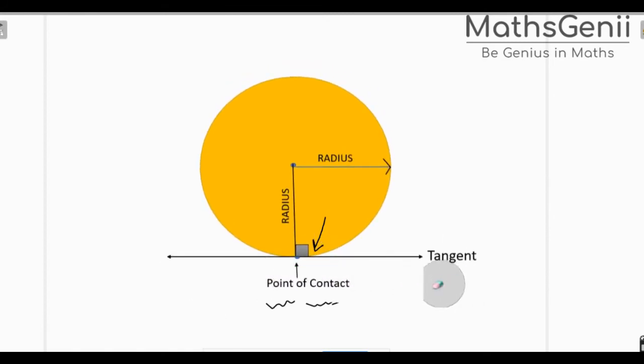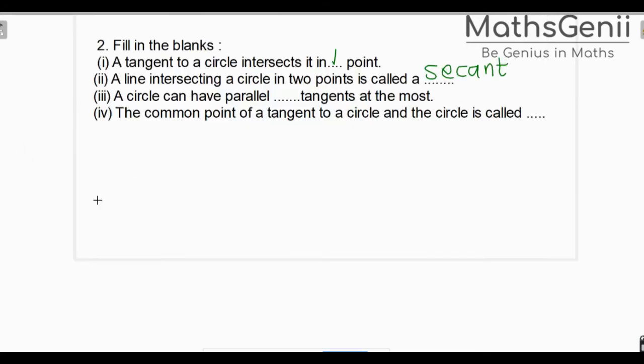Now let me draw it in the tangent format. No, this is not the right one. Let me draw it again. So you see that to this tangent is parallel, correct? A circle can have two parallel tangents at the max.